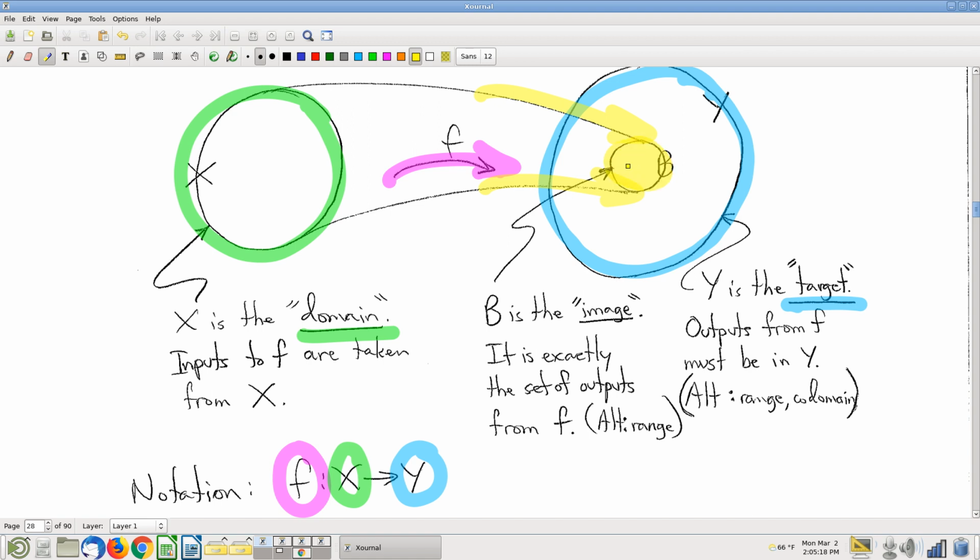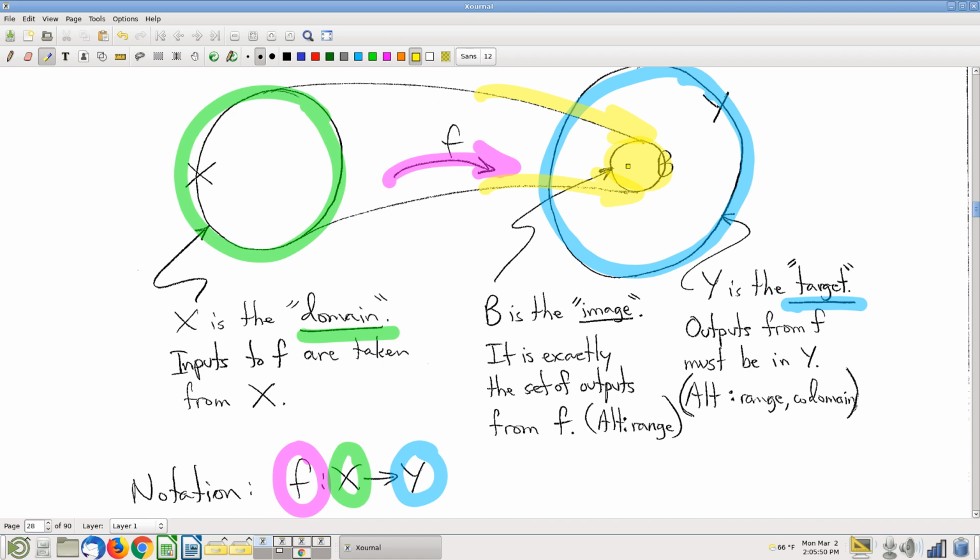Now notice, nowhere when I wrote down what the target is, nowhere is it suggested that the outputs from the function have to actually fill up the entire target. Right? There's no such requirement. The target is just a world that the outputs have to land in. And the actual outputs, the set of all of the actual outputs from the function, not necessarily the same set.